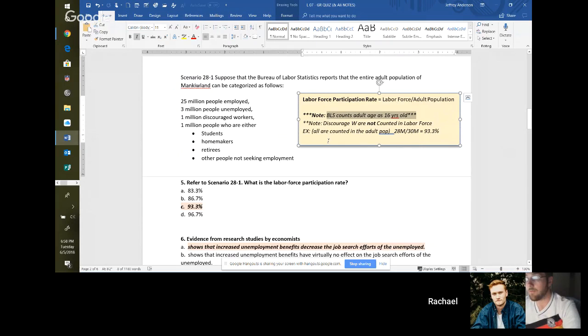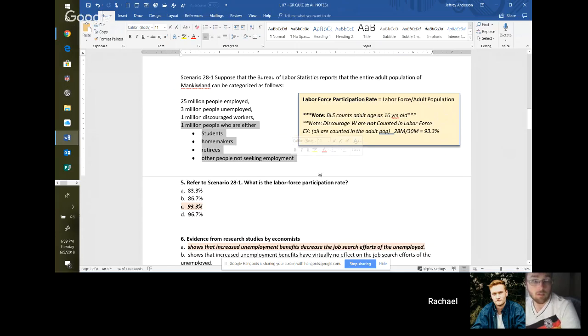Right. And the discouraged workers will not be counted in the labor force, but I think everybody else is. Hold on, wait. Well, the unemployed wouldn't be. No. None of these would be considered part of the workforce either, because they're not making themselves available and they're not looking for work.